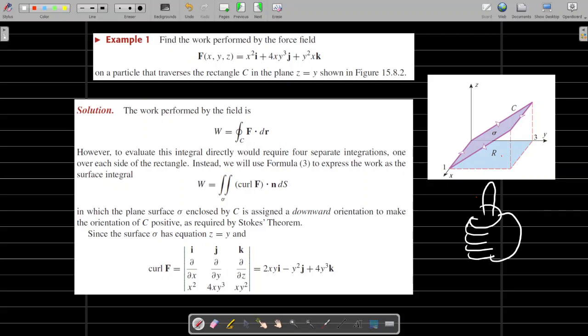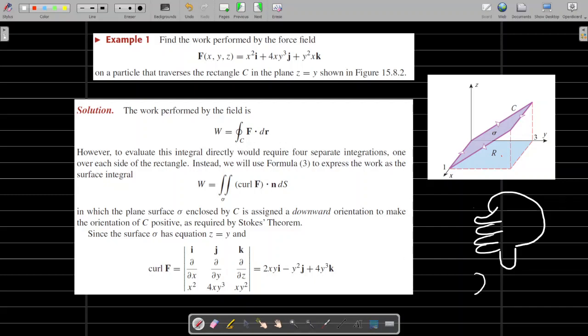I'll draw it correctly. Your fingers will be like this, 1 2 3 4, and this will be the direction of your thumb. So this is how you will have to consider it if you are using the thumb rule.